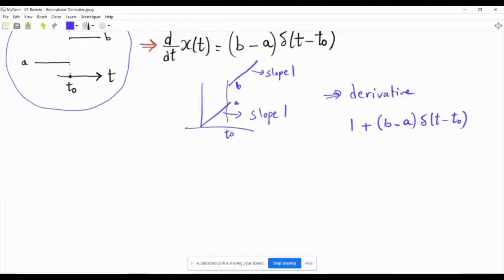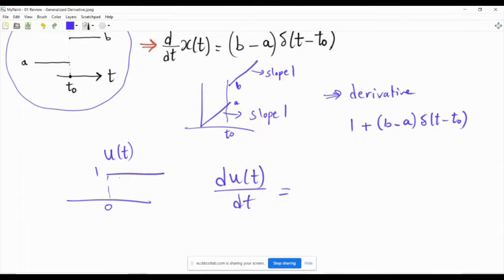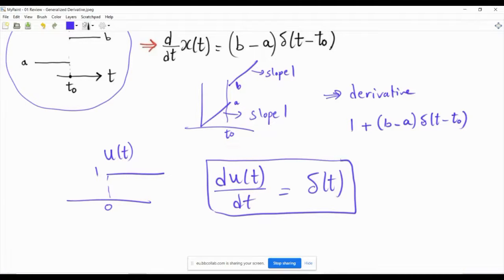And one thing here: if you have the Heaviside unit step function, the continuous-time unit step function, its derivative will be, so it is constant below 0, it is constant above 0, and there is a jump, it goes from 0 to 1, so it is delta of t.